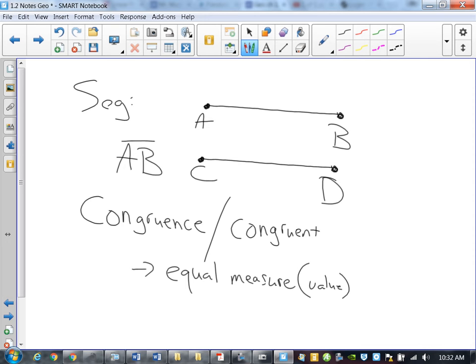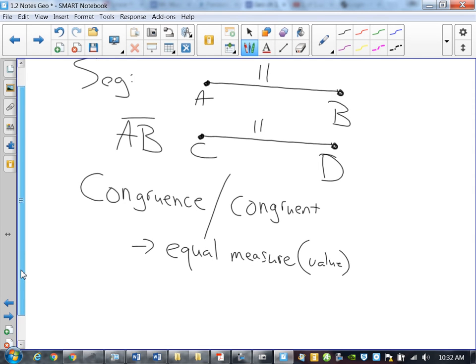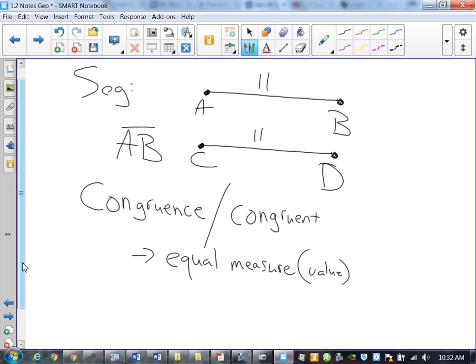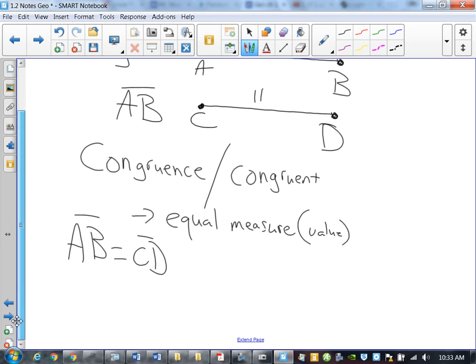If the measurement of those two were equal, let's say they both measured 11, then we could say that segment AB equals segment CD. But really, in essence, what that means is that we say AB is congruent to CD. And that symbol with the equal and the squiggly, that stands for congruent.